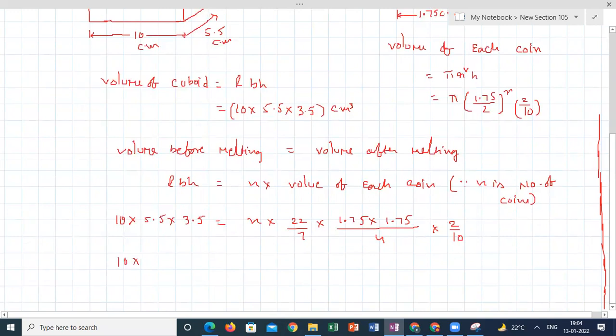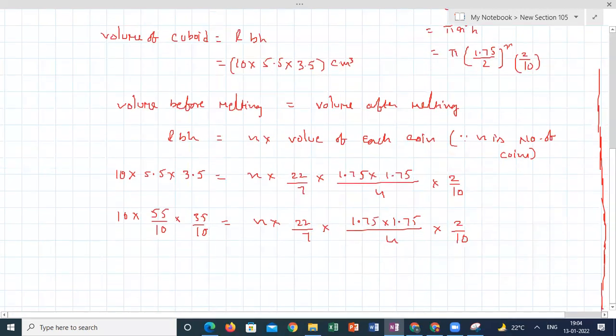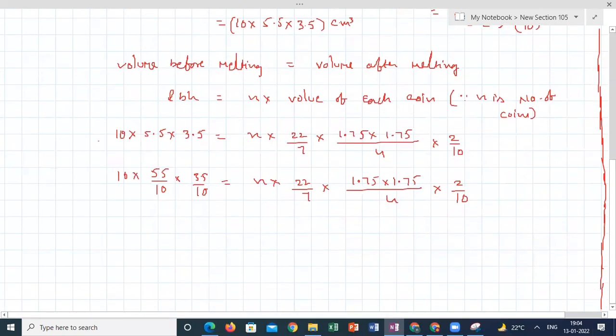This can be written as 10 into 55 by 10 into 35 by 10 for convenience of calculation. Please calculate and let me know what is your final answer. What is the end value you are getting?